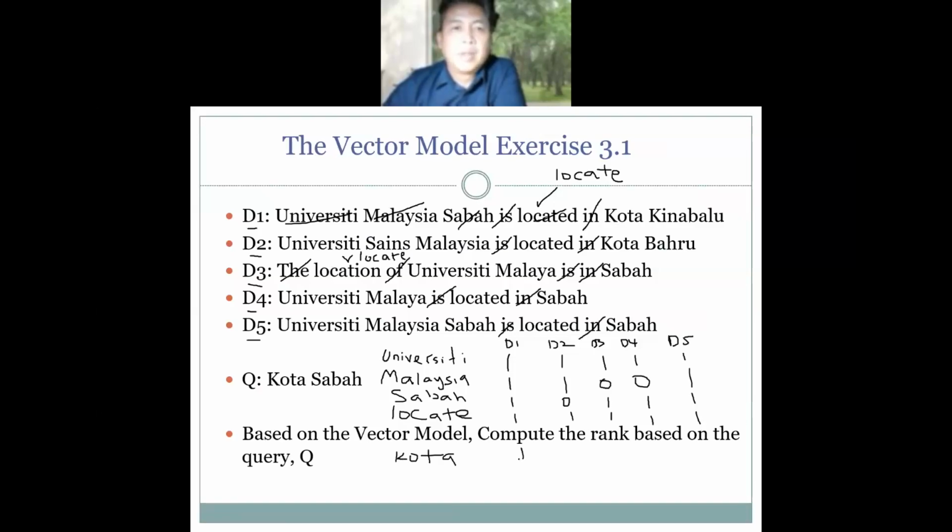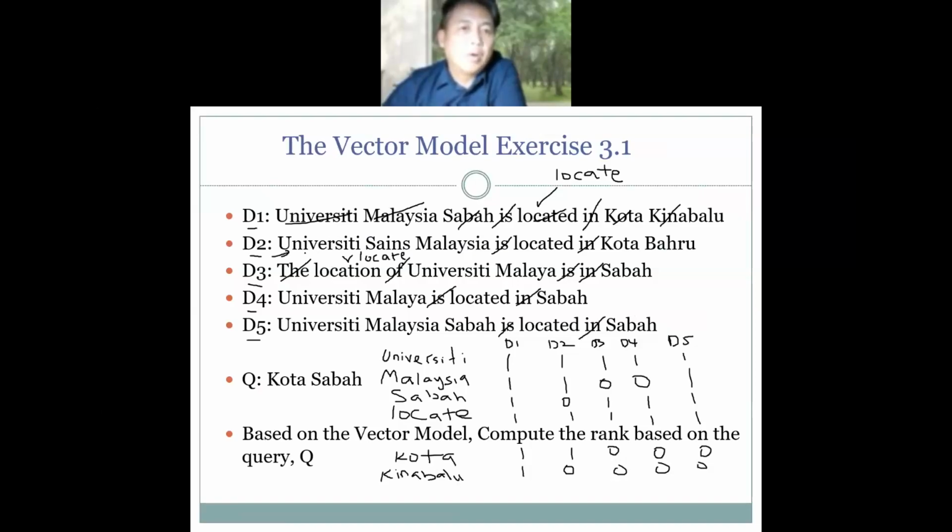So Kota exists 1 time, and then 1 time also in, and then we have 0 in the third document, 0 in the fourth document, 0 in the fifth document. Okay, and then we have Kinabalu. So Kinabalu, we have 1. In document 2, we have 0, 0, 0, 0. Okay, so we're done with that one.